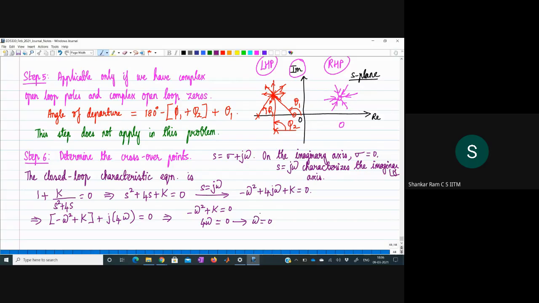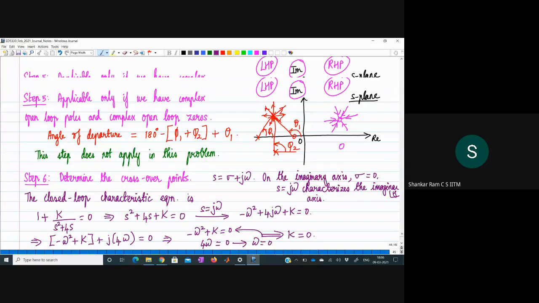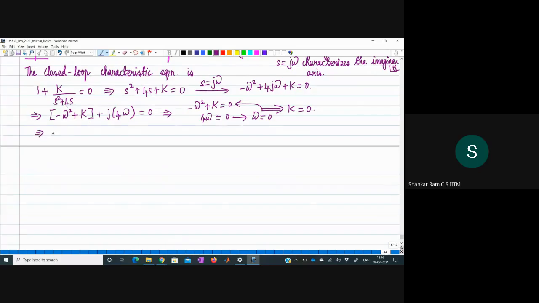When I substitute omega equals 0 in the real part equation, what will I get for k? k equals 0. So this implies that omega equals 0, or s equals 0, where k equals 0, is the only crossover point.